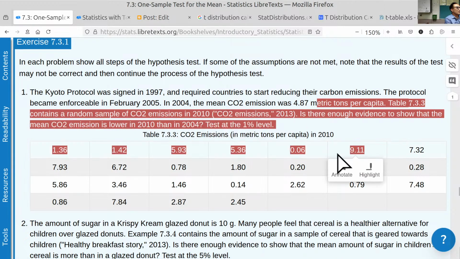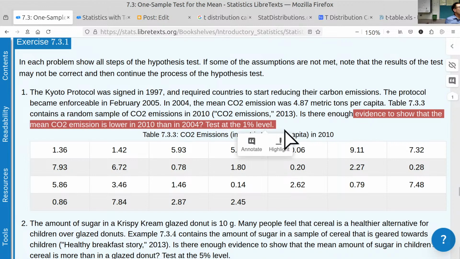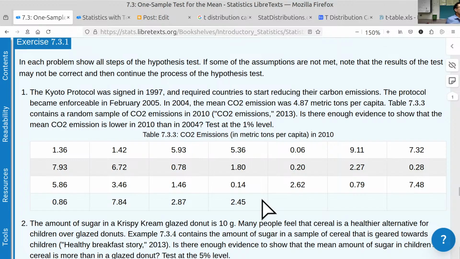The table here contains a random sample of carbon dioxide emission in 2010. Is there enough evidence to show that the mean carbon dioxide emission is lower in 2010 than in 2004? Test at the 0.01 level.